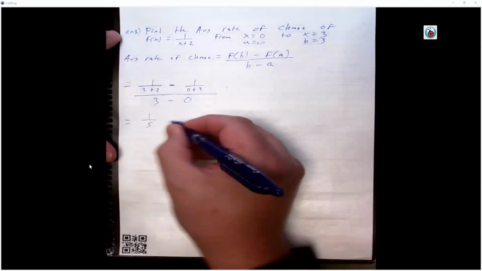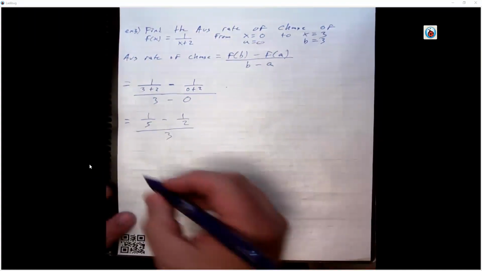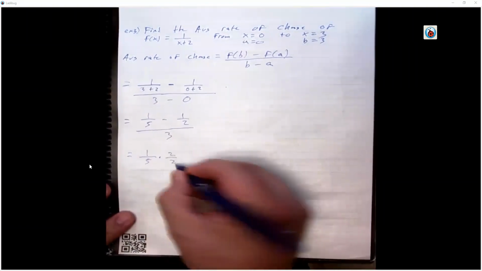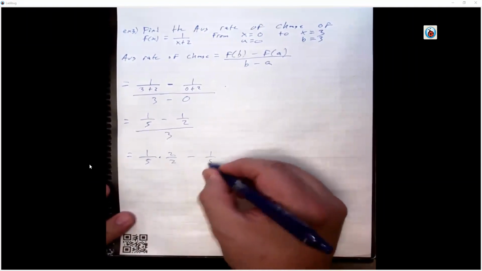So we're going to get, let's go down here, 1/5 minus 1/2, right? Combine those fractions with the same LCD. What's the LCD of 5 and 2? Maybe 10. They're both prime, so just the product will be fine. So the LCD will give me a 10 with this guy, and this one needs a 5.